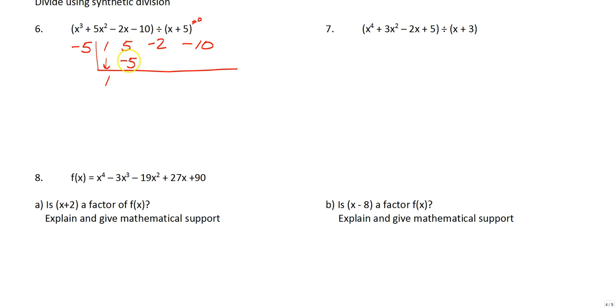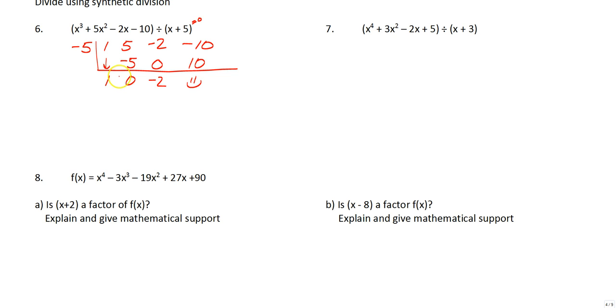Then we add these. 5 plus a negative 5 is 0. Now don't freak out. It's okay, because a negative 5 times 0 is just a 0. Negative 2 plus 0 is a negative 2. Negative 5 times a negative 2 is a positive 10. Negative 10 plus 10 is 0, and it goes away, and we have no remainder.